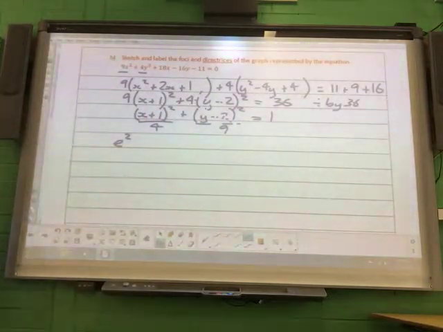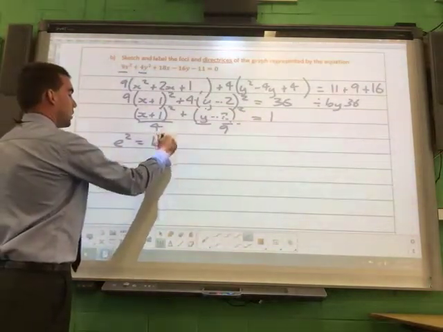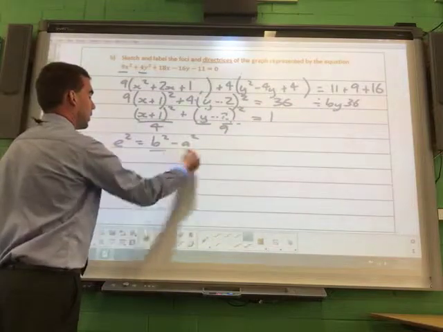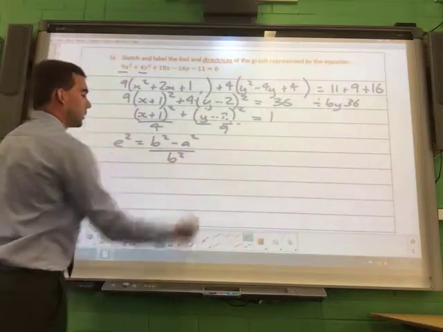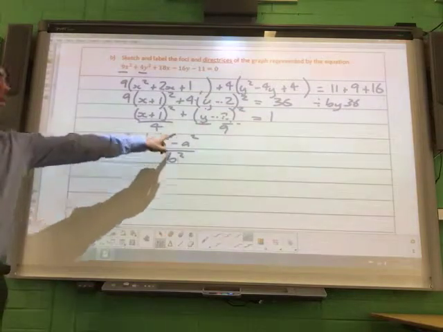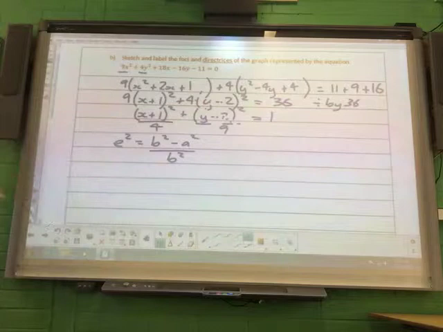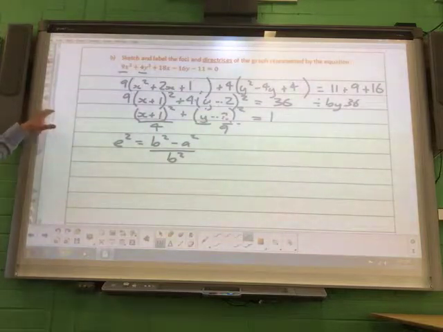That means the eccentricity formula is going to be b squared take away a squared on b squared. This has to work, because if I do a squared take away b squared, that's going to give me a negative number and I don't need that for my eccentricity. So that's just the clue on how to determine which value goes where.